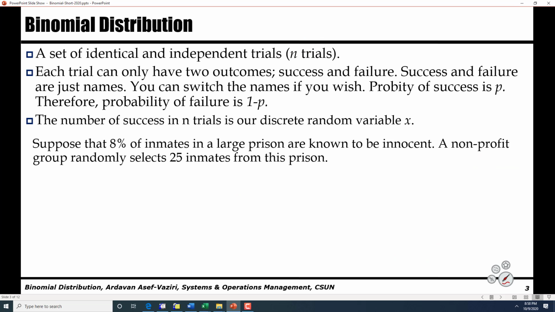Suppose 8% of inmates in a large prison are known to be innocent. So the probability of success here, to be innocent, is 8%, or in probability language 0.08. Now we have looked into 25 inmates.